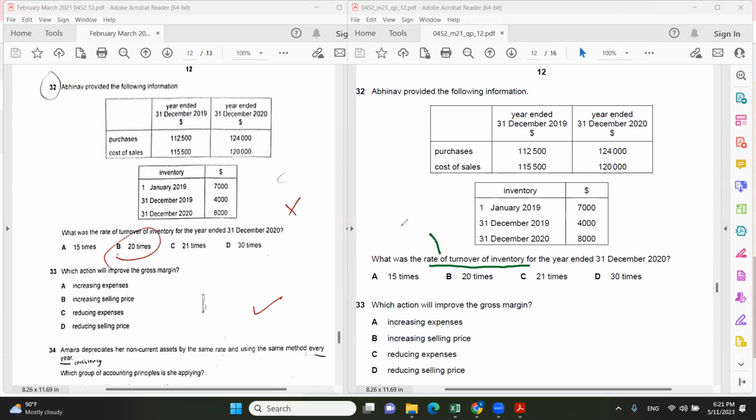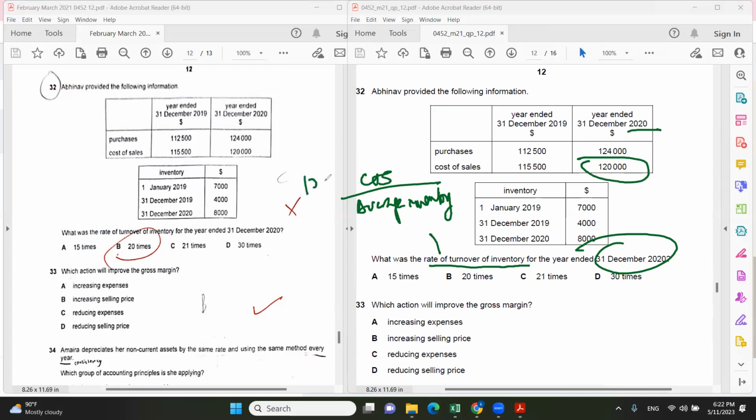First of all, for the chapter, you must memorize the formula. We have cost of sales divided by the average inventory. Our cost of sales, we are doing the 31st 2020, which is this one. That means we have to take this one. 120. Sorry, this one.